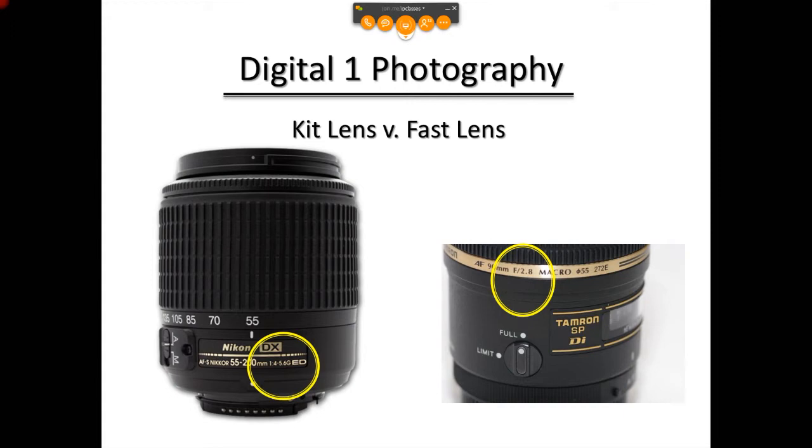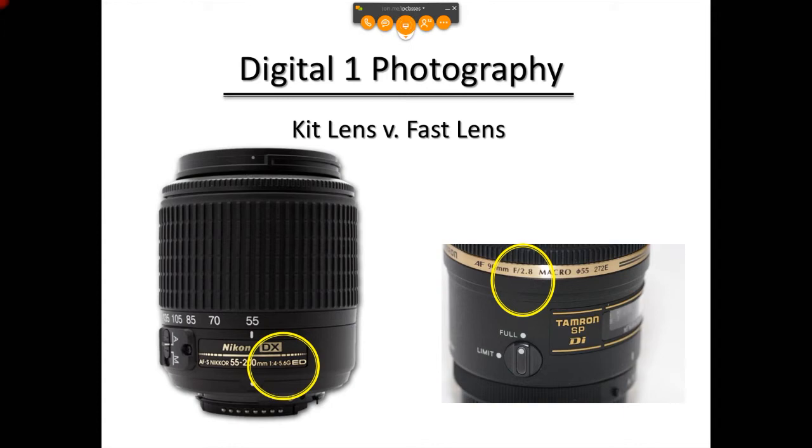I'm speaking of a 70 to 200 millimeter lens. The most open that lens is going to be is 2.8. It doesn't matter how much you zoom in and how much you zoom out. It's always going to give you a 2.8 aperture.